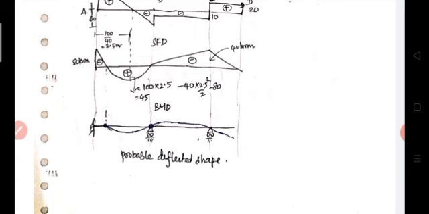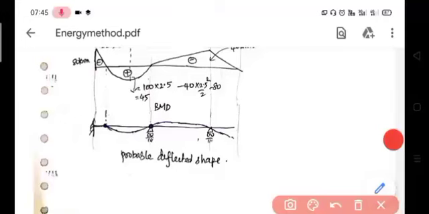So from this, this portion is like this. Then the sagging portion. So this curve is like this. This is the point of contraflexure. This is sagging moment. Then at this point B the moment is exactly 0. Okay. So this point is also a point of contraflexure.